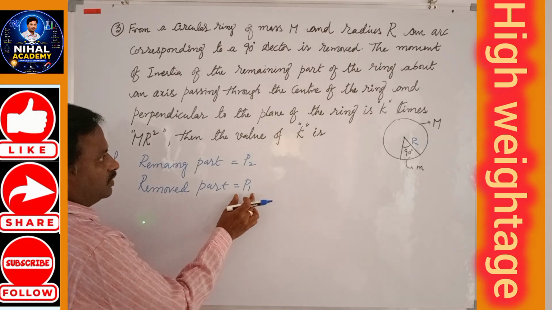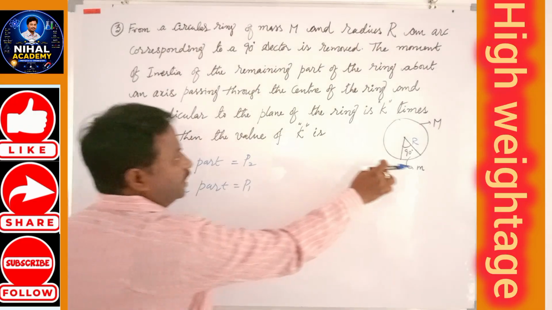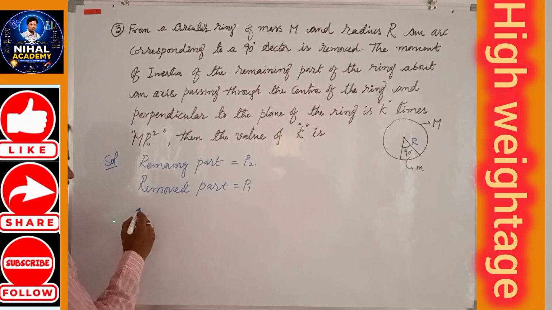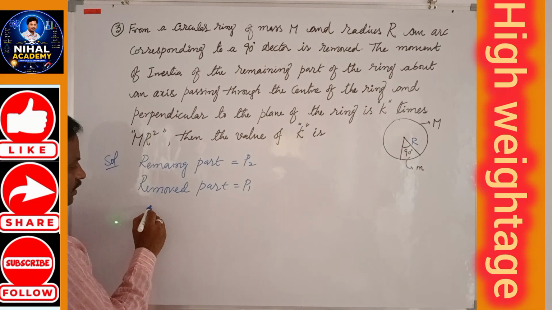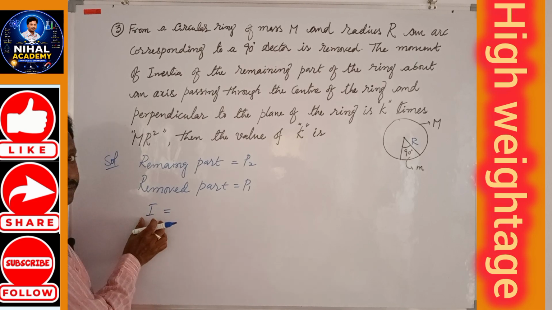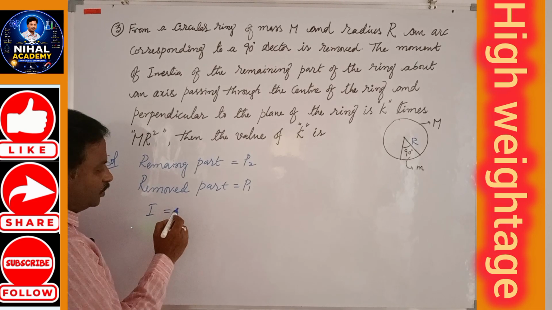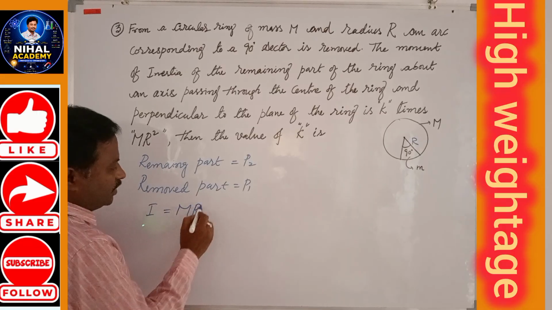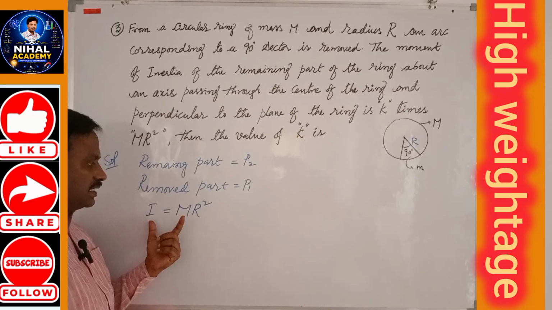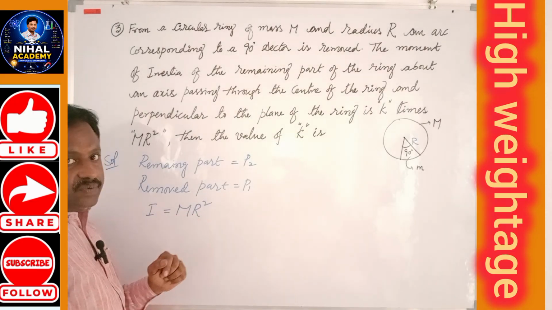So now we know the moment of inertia of the full circle. That is I, it is equal to MR square, because it is in the form of a circle. So the moment of inertia of a circle is equal to MR square.